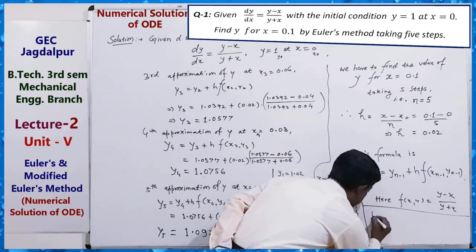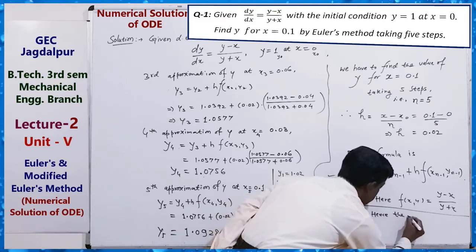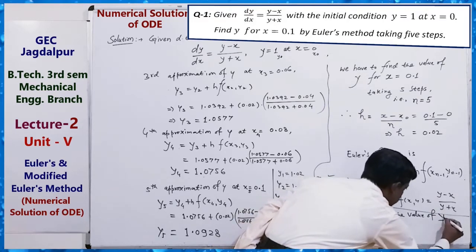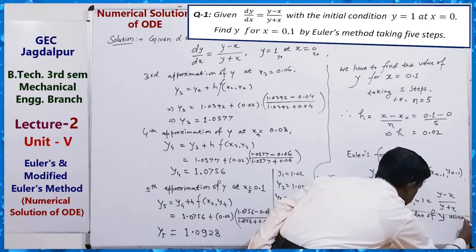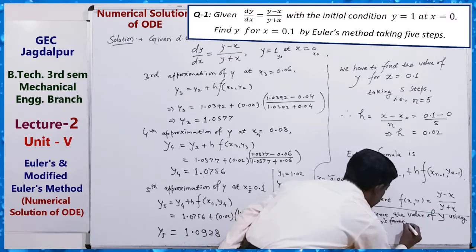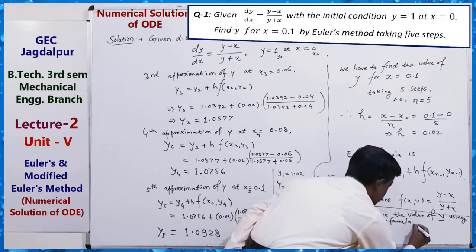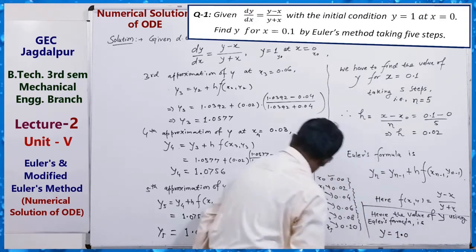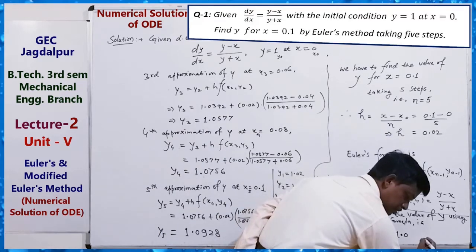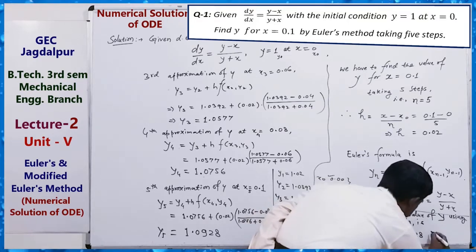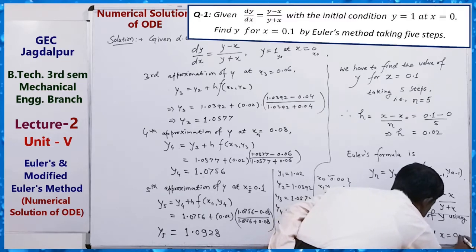Hence the value of y using Euler's formula is 1.0928 at x equals 0.1.